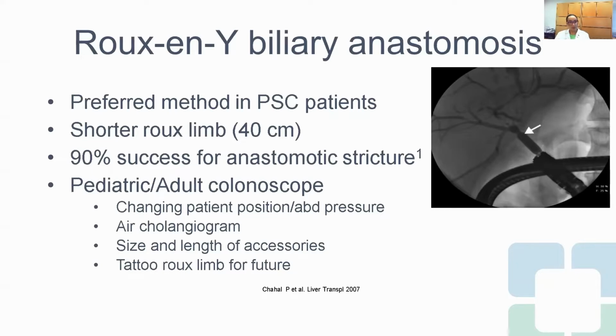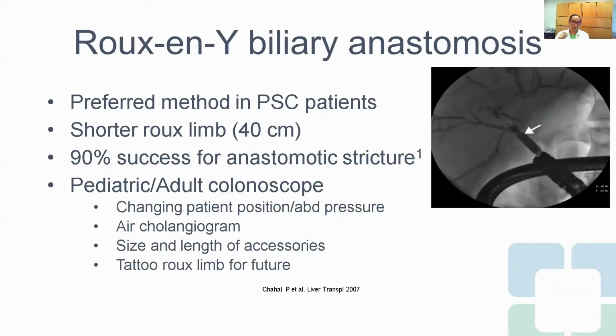So when you are performing endoscopy in these patients, some of the techniques that can help you achieve success: usually we start the patient in left lateral. If you have difficulty navigating acute turns in the Roux limb, change the position to supine, use extracorporeal abdominal pressure, and use air cholangiogram.